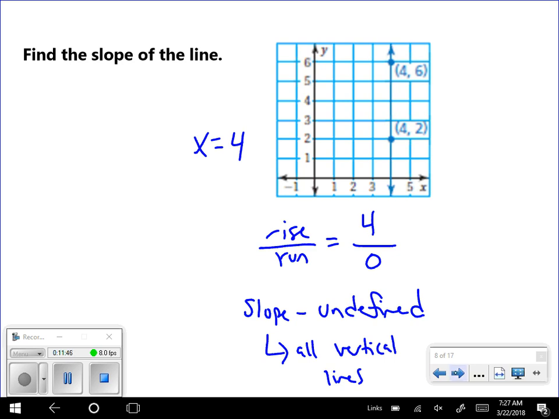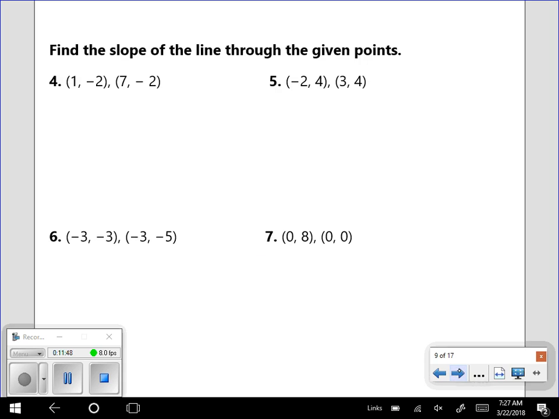All right, we're kind of running out of time here. So we're going to look at one example of just having the points. We'll do more with this tomorrow. If we're just given the points and we're not actually given a graph, obviously you could graph this. But what I want you to remember is slope is the change in y's over the change in x.